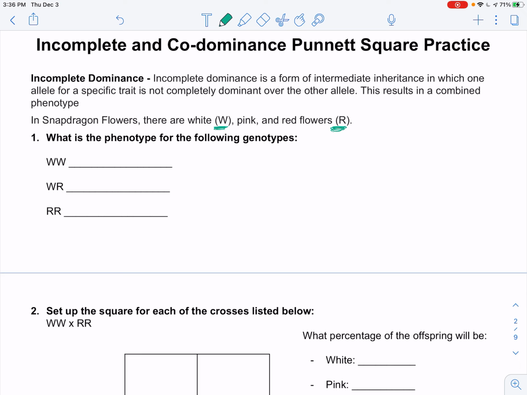So the phenotype would then be white. Big R, that's going to be our red flower. That's our white flower. So then if we combine them, that intermediate color, the blending of those, is going to be pink.